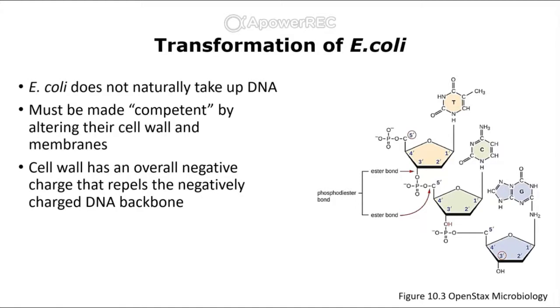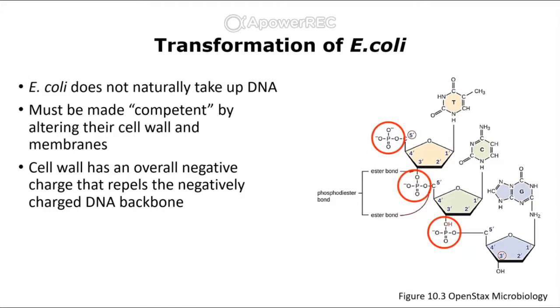The cell wall has phospholipids, and those phosphates are negatively charged, as well as LPS, and LPS is also negatively charged. And if we look at the DNA backbone, we see this ribose group and this phosphate group. And if we look carefully, this phosphate also has a negative charge. So these two negative charges naturally repel each other.